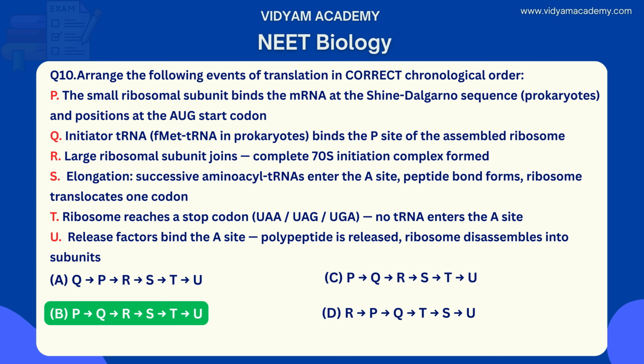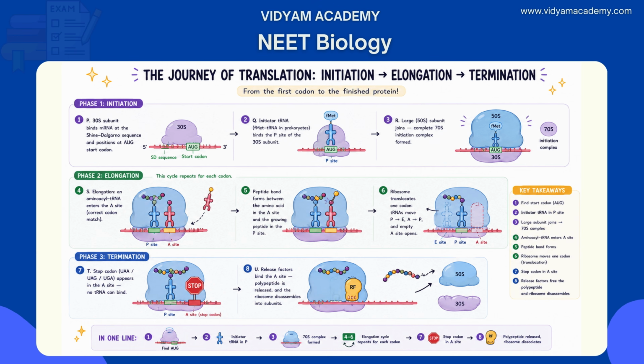Let's go to the detailed explanation. Translation follows a three-phase sequence: initiation, elongation, and termination. P comes first. The small 30S subunit binds the mRNA at the Shine-Dalgarno sequence and locates the AUG start codon. Q follows. The initiator fMet-tRNA carrying formyl methionine binds the P site of the small subunit, with anticodon base pairing with the AUG codon guided by initiation factors IF1, IF2 with GTP, and IF3.